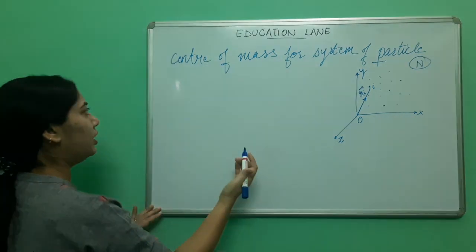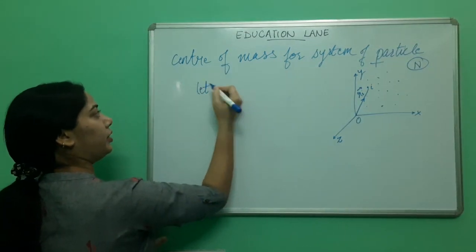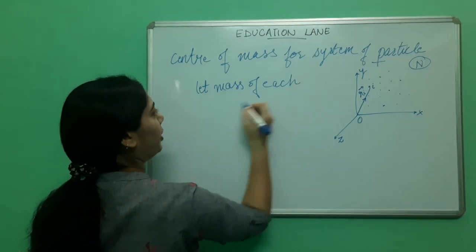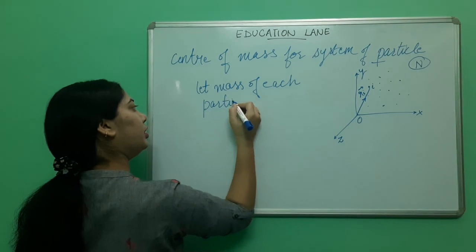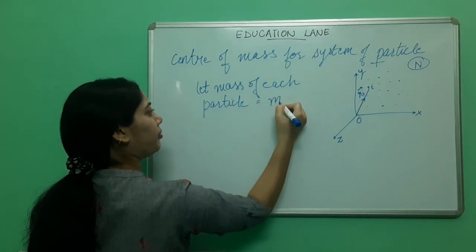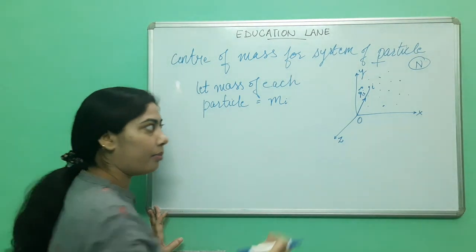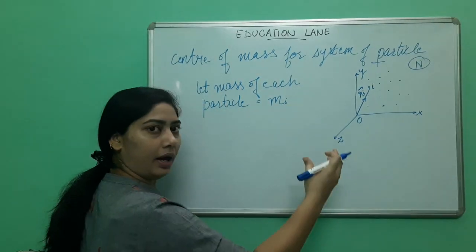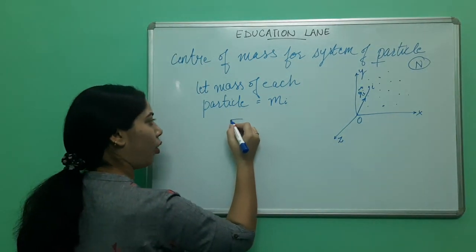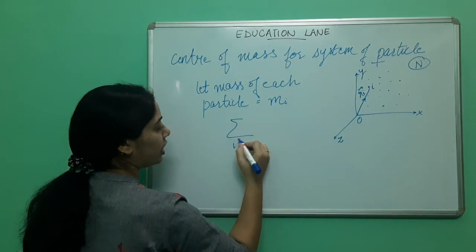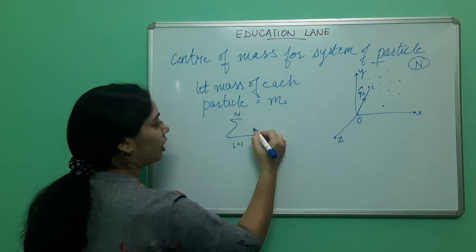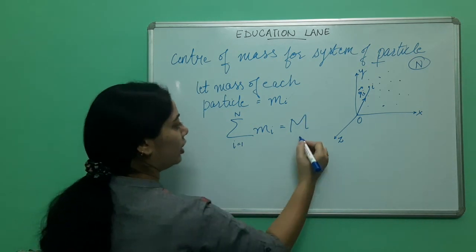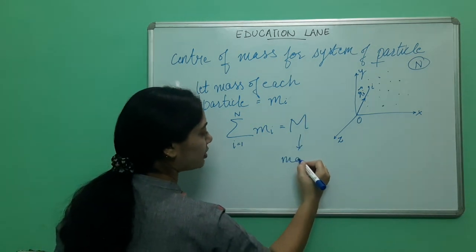So let the mass of each particle of the system be Mi. I can also write the summation i equal to 1 to n over Mi is equal to capital M, the total mass of the system.